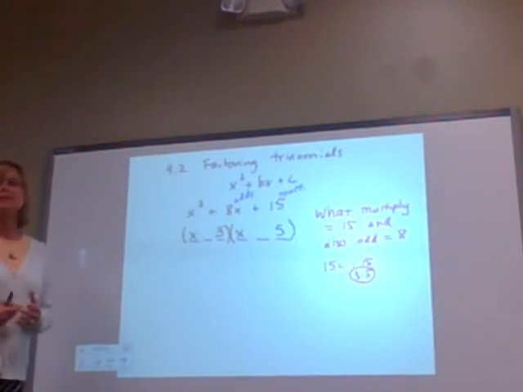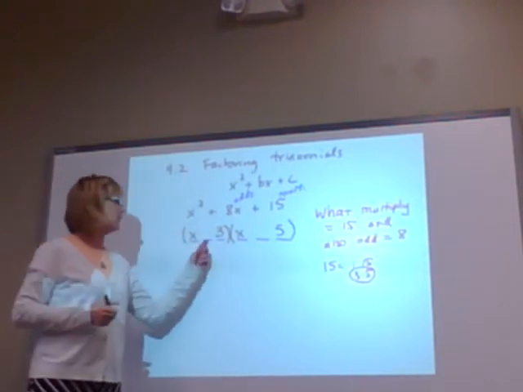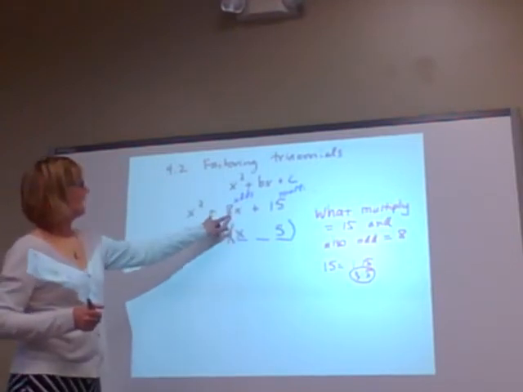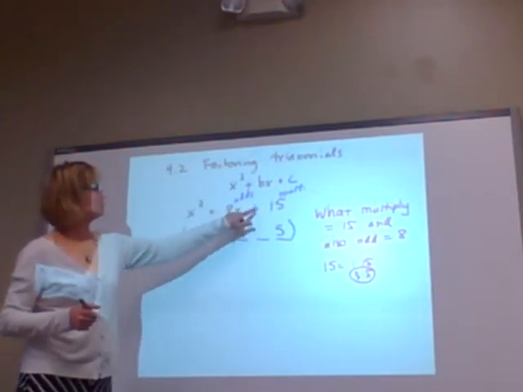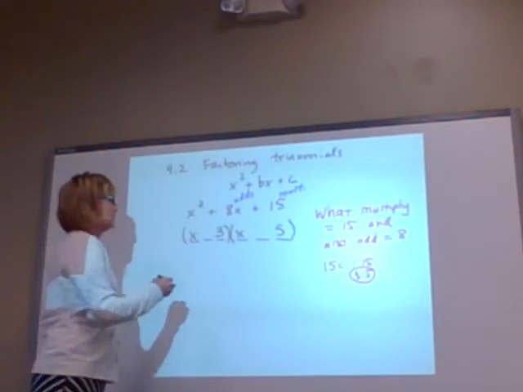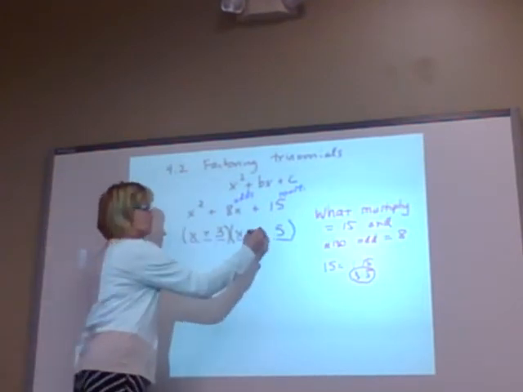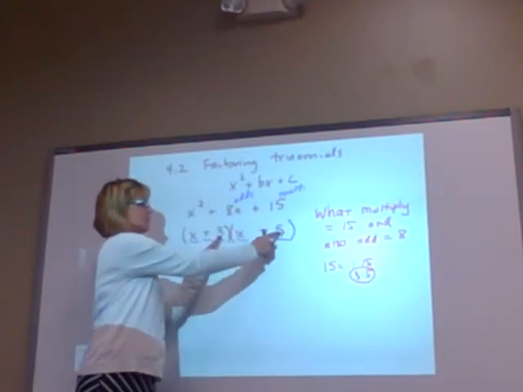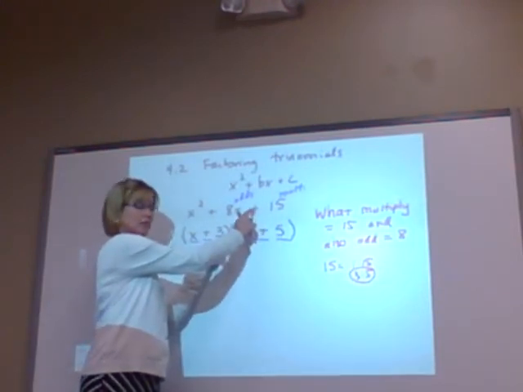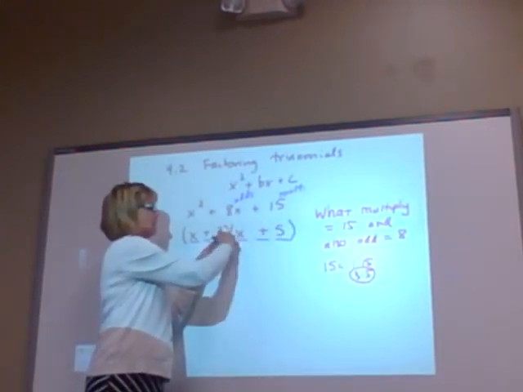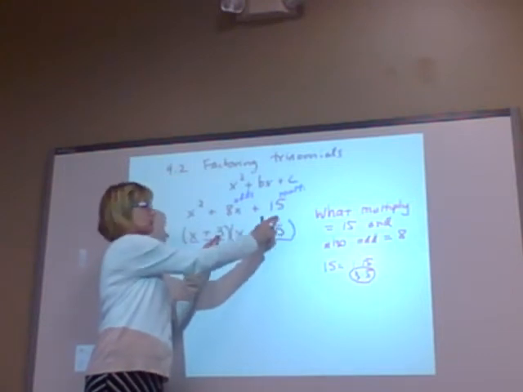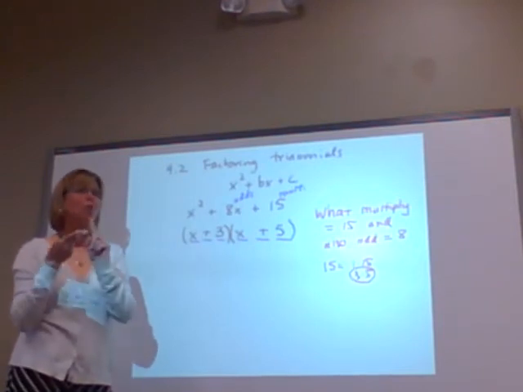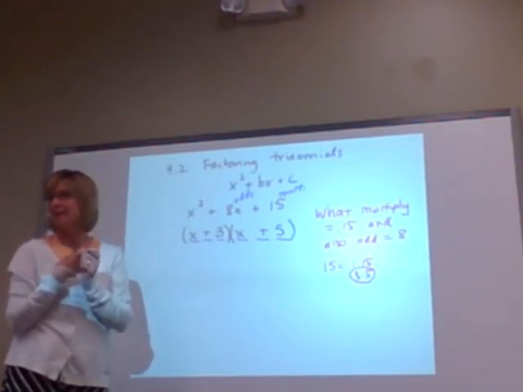Now the only 2 blanks that I have left to fill in are whether it should be addition or subtraction. In this case, my original problem was plus plus. That tells me that this will also have to be plus plus. Because if I'm going to take last times last and get a positive number, in the FOIL process, it has to be either positive times positive or negative times negative, right?